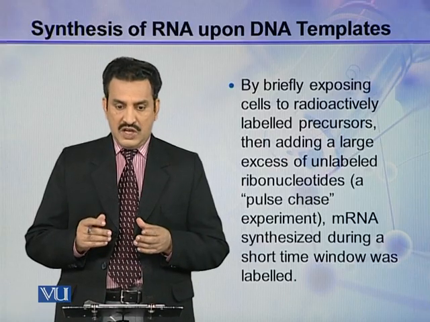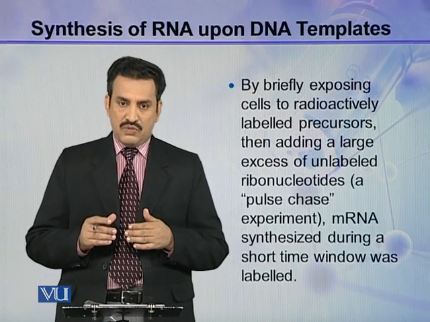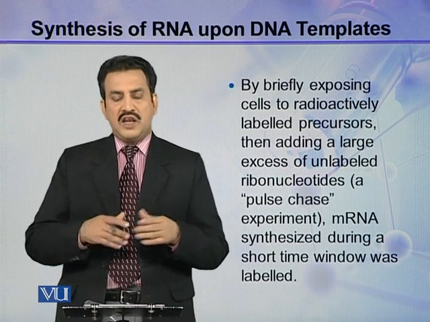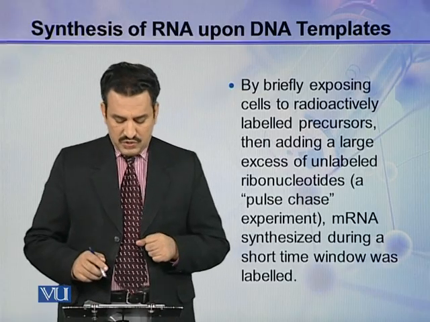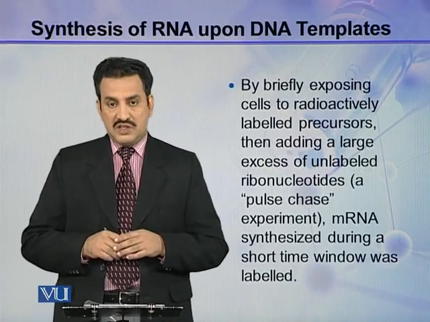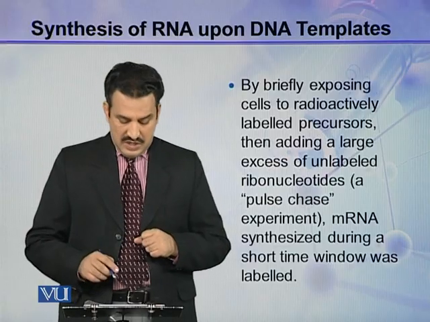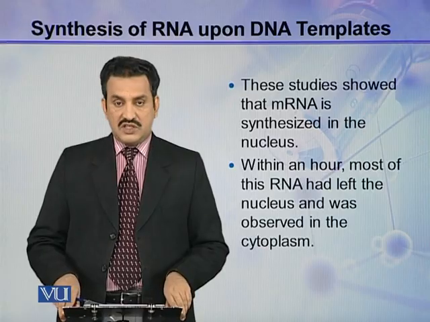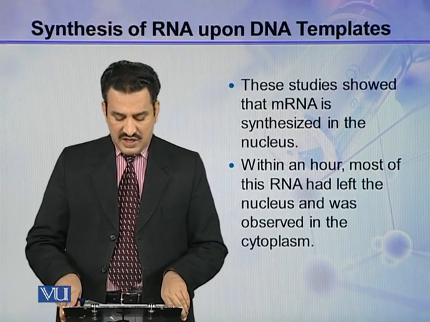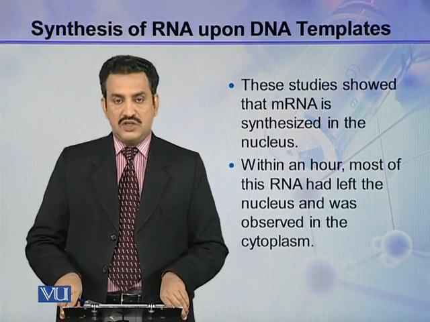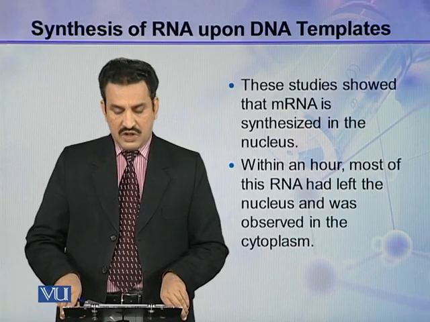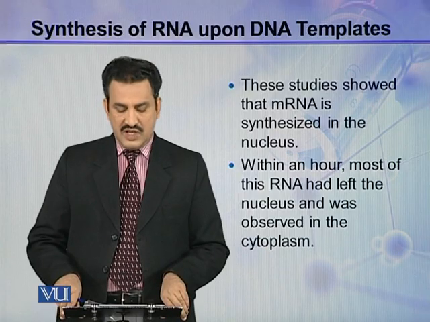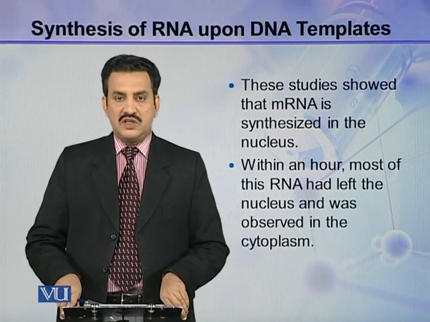So first, labeled precursors or labeled ribonucleotides were added for a very short span, and then unlabeled ribonucleotides were added, and then it was checked where the labeled nucleotides are present. These studies showed that mRNA is synthesized in the nucleus. Within an hour, most of this RNA had left the nucleus and was observed in the cytoplasm.